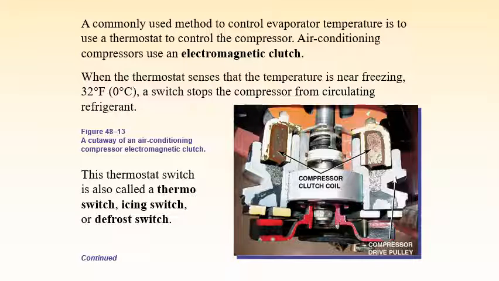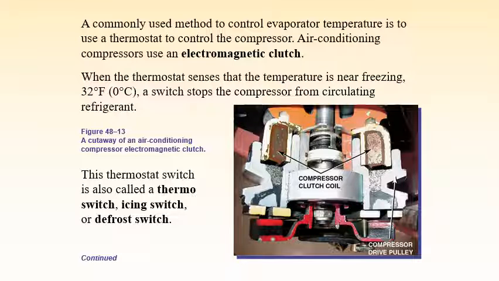Then a commonly used method to control evaporator temperature is to use a thermostat to control the compressor. Air conditioning compressors use an electromagnetic clutch. Now see here, this one is our compressor clutch coil, and this electromagnetic clutch is used for the operation of the air conditioning compressor.